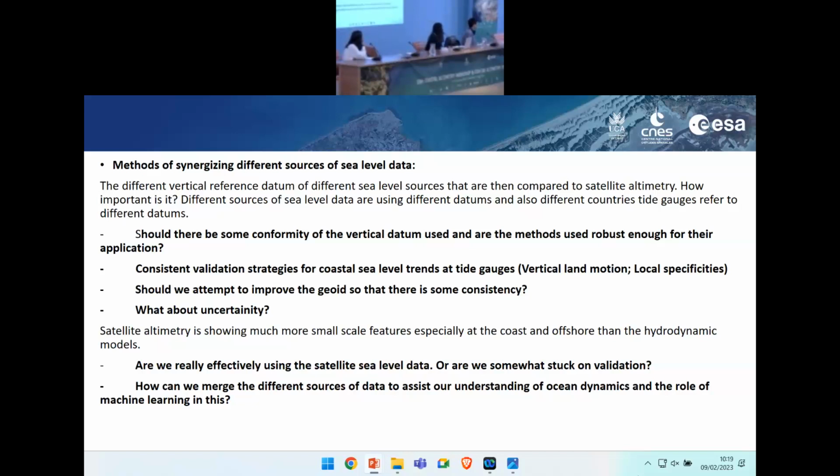I have a comment on in situ measurement. I see that many of you need in situ measurement for validation or for combination with other measurement. As you know, there is a lot of in situ measurements that are delivered by the Copernicus Marine Service. I don't know if you use this measurement.